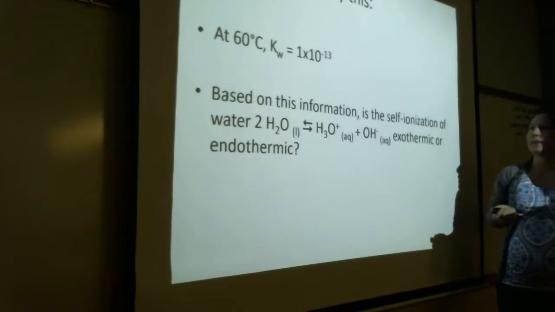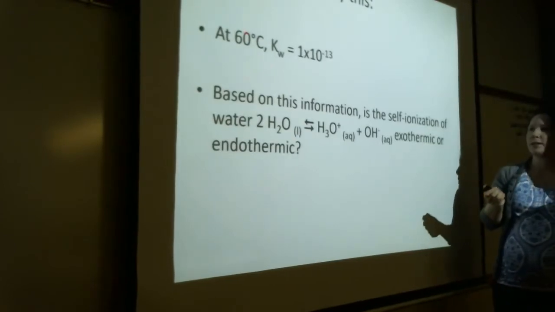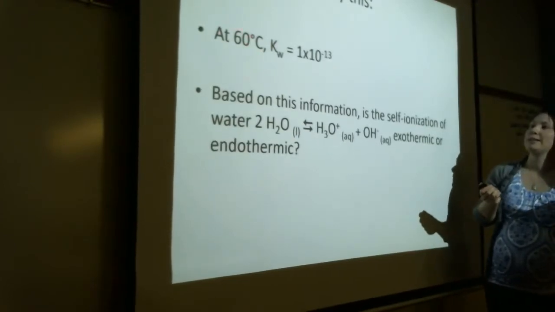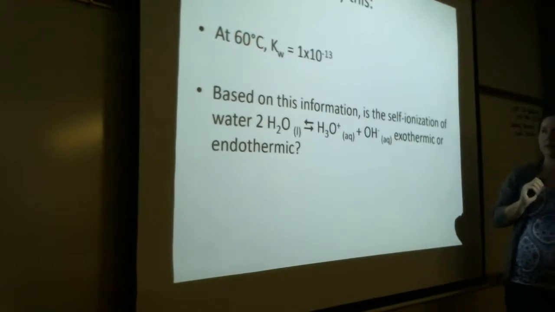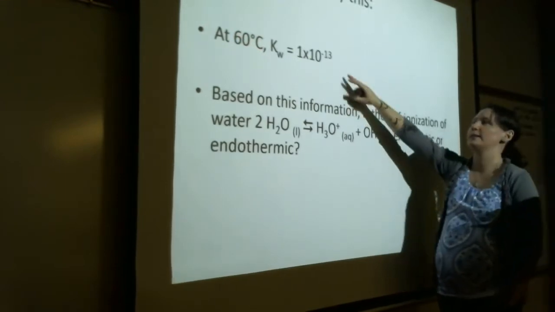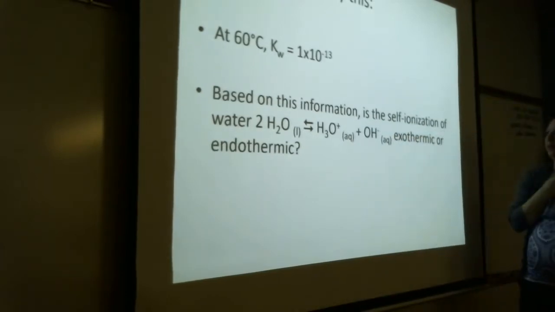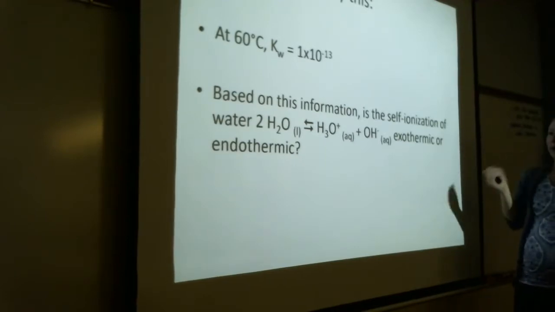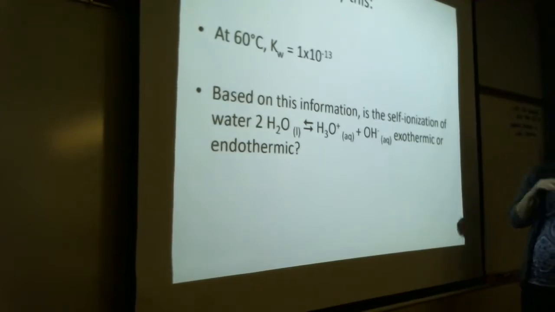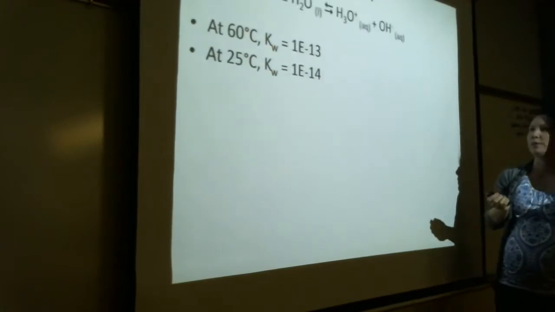But let me ask you this question. Here's what happens to Kw at 60 degrees Celsius. At 60 degrees Celsius, K is 10 to the negative 13th. So just some practice on figuring out reactions, exothermic versus endothermic, based on K values.